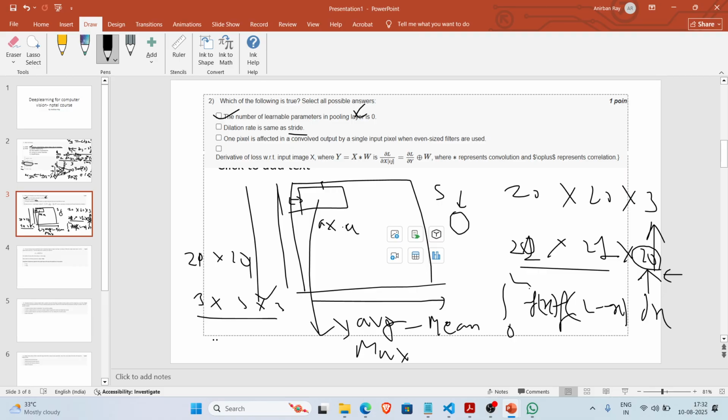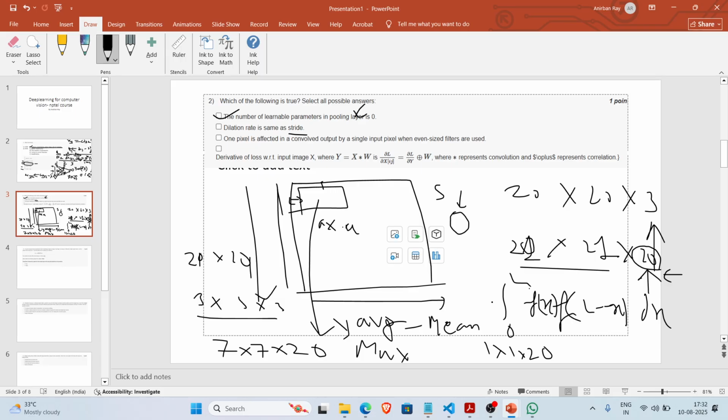The final size of the feature becomes 7 cross 7 cross 20. This way you keep reducing the size, so it will end up becoming 1 cross 20. So we do it like that. Again convolution and again pooling, like that.